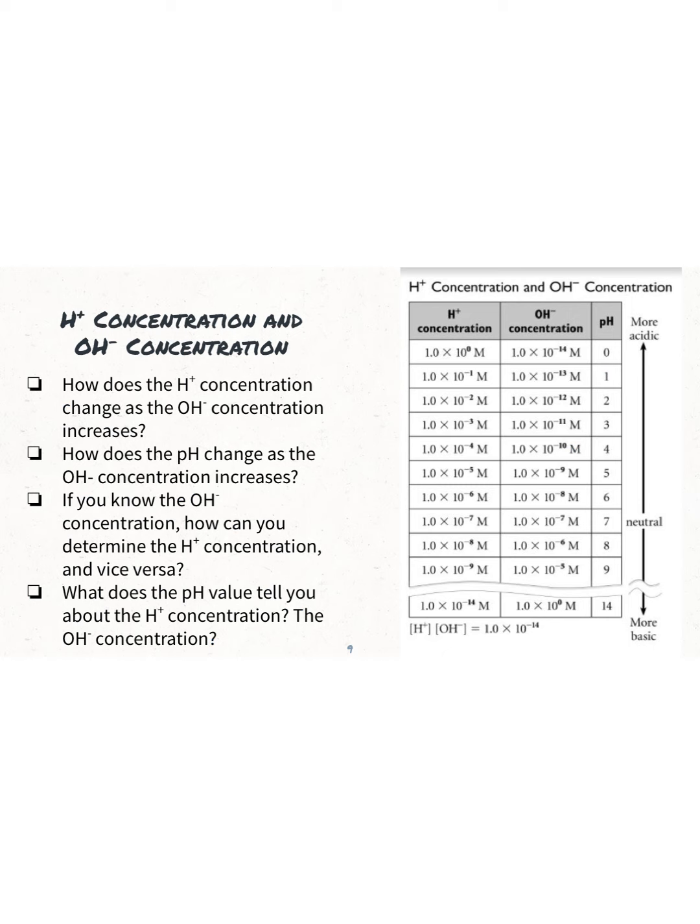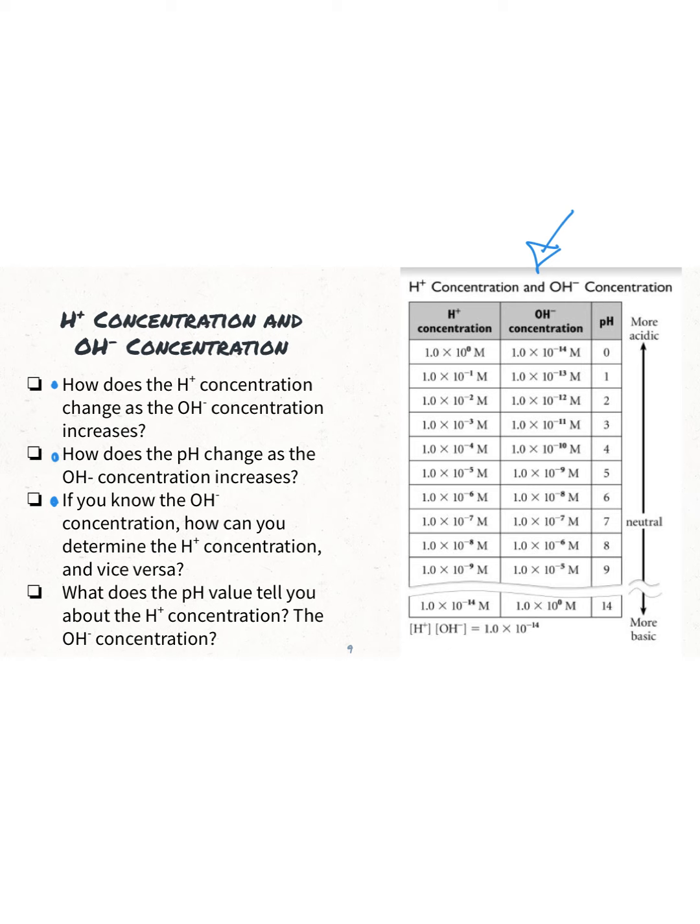Okay, so this table over here looks very similar, but it's actually different. This is hydrogen concentration and hydroxide concentration this time. So I'd like for you to study it. I want you to answer these questions. The first one is, how does the hydrogen concentration change as the hydroxide concentration increases? I also want you to answer, how does the pH change as the hydroxide concentration increases?